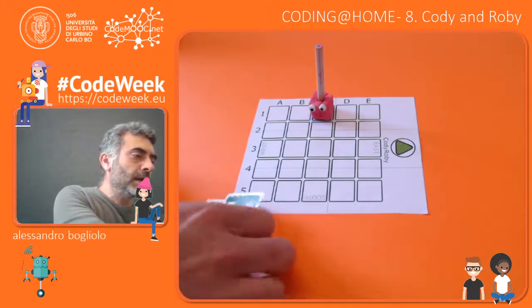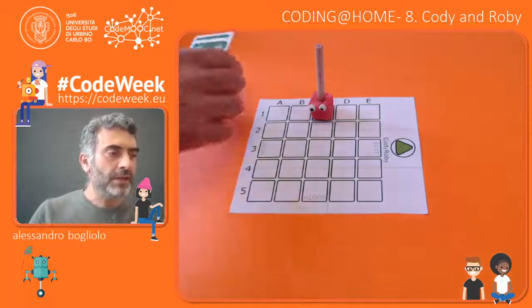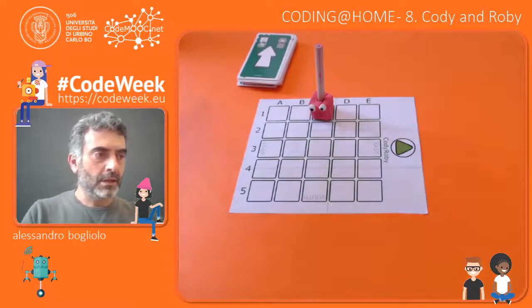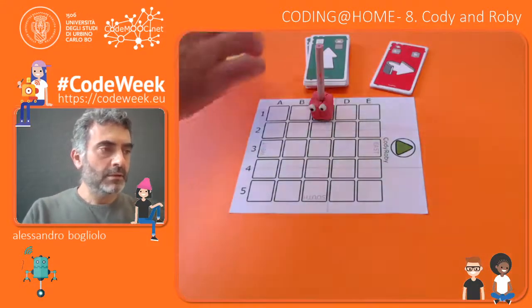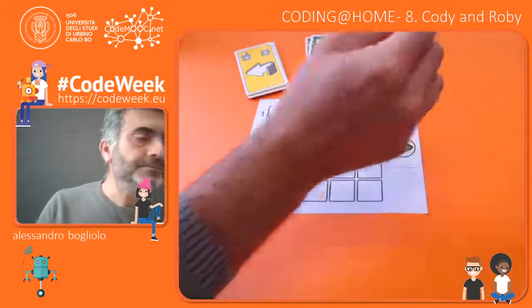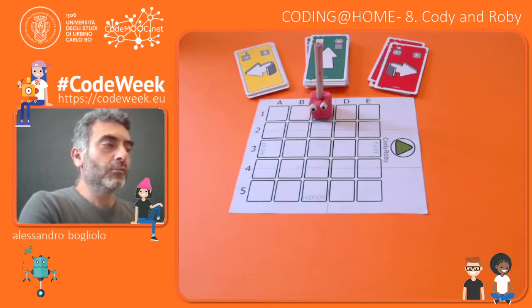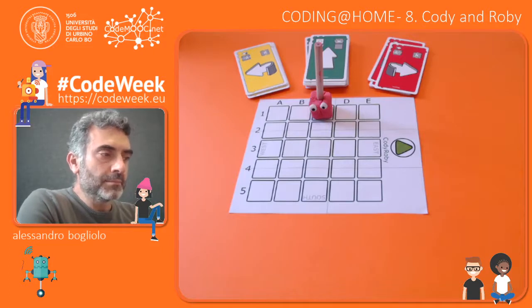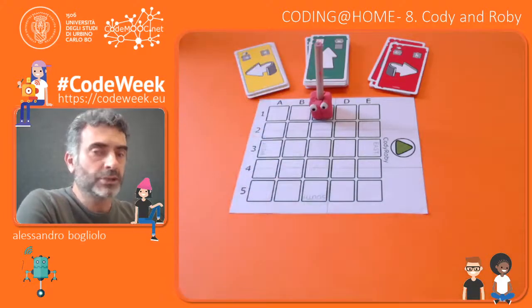Right now I would like to make a first game with Anna, which consists of taking the cards that we like from this deck and building a program for our robot. We can try to build a program together, but being careful not to make a move which brings the robot out of the checkered board.